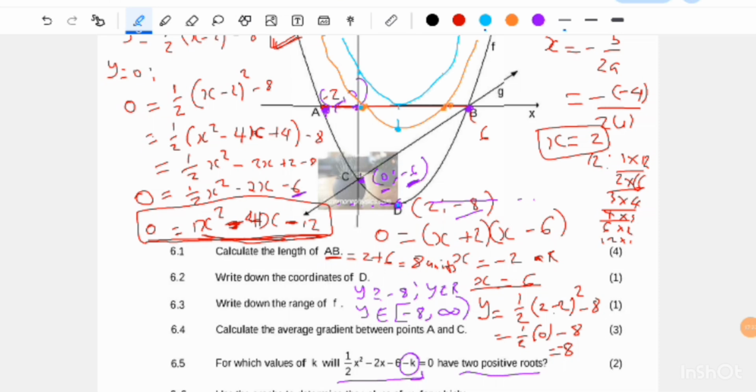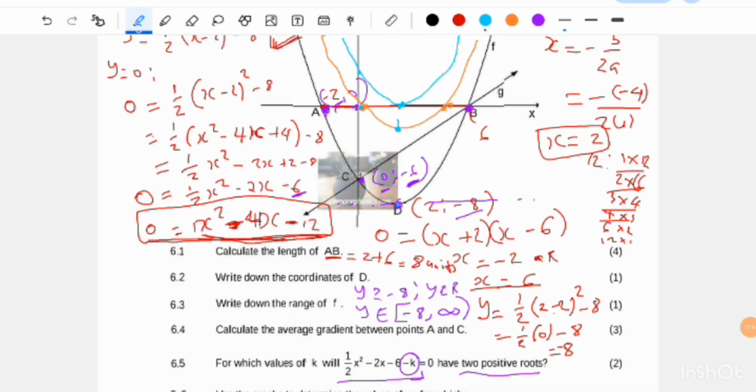Right? So now when you're going to have a graph like this, what then now happens? You now have one root, positive root. So what it means is that my graph should only be shifted. Remember, the orange one, we have shifted the graph 6 units up. The blue one, we've shifted the graph 8 units up.